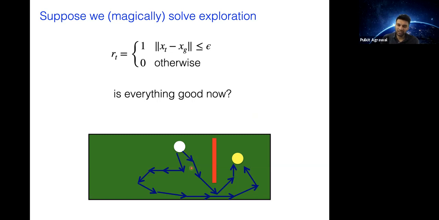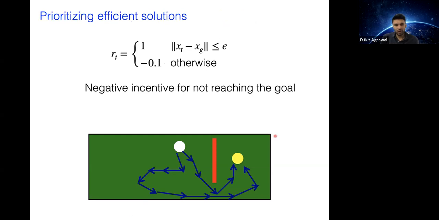But we know that this one trajectory over here, the one with fewer number of actions, is the one that we prefer, right? So what do we do over here? One thing I could do, which was pointed out earlier, is add a negative incentive, say minus 0.1, so that if I'm not efficient at reaching the goal, I will take more steps and hence end up accumulating more negative reward.